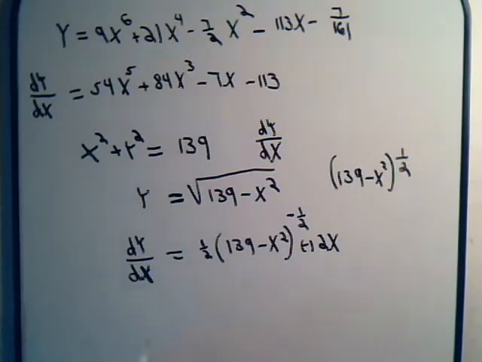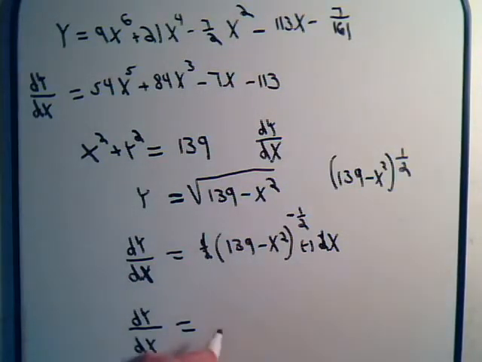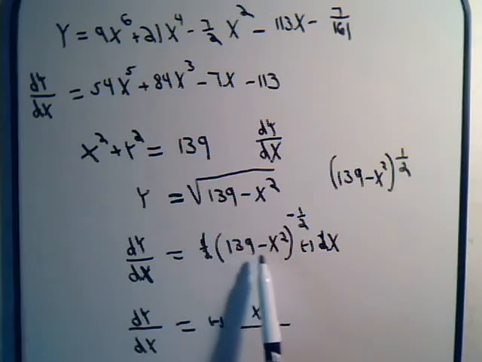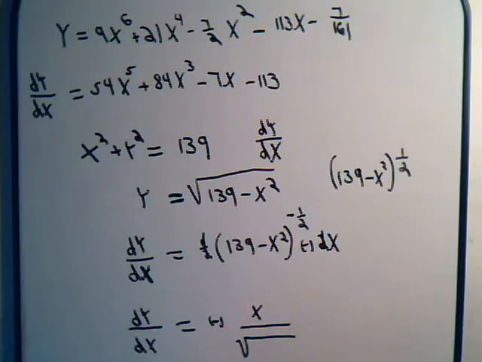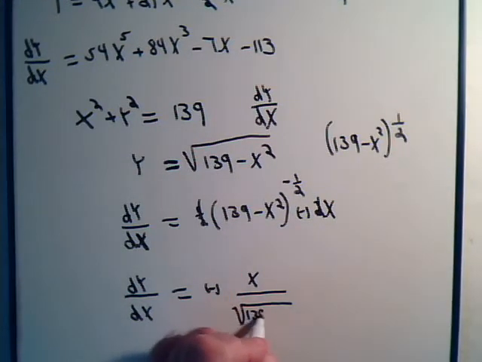So now we could say, well then dy dx, what will that equal? These will cancel. So we would have minus x, and here we have this raised to the minus 1/2 power, so that would be divided by the square root of 139 minus x squared.